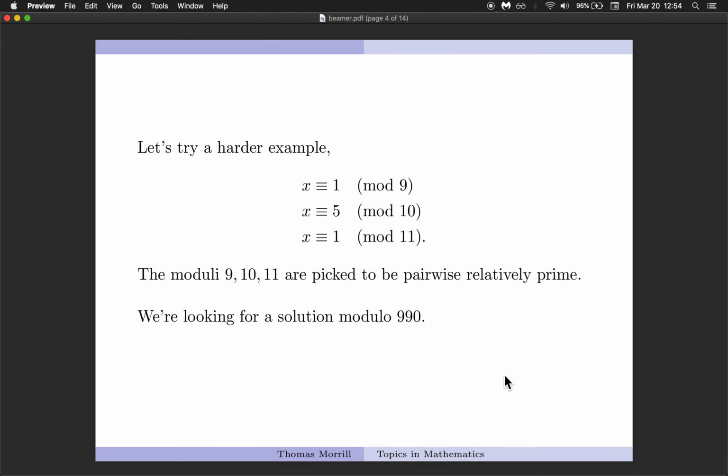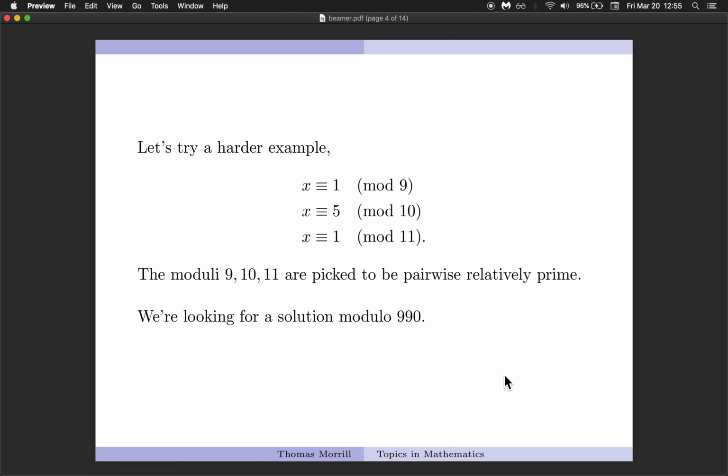To see this in action, let's take an example where I want to find an integer who has residue 1 modulo 9 and residue 5 modulo 10 and residue 1 modulo 11.